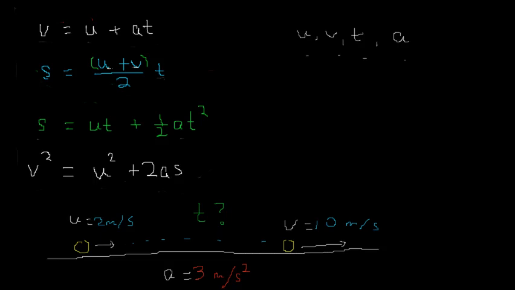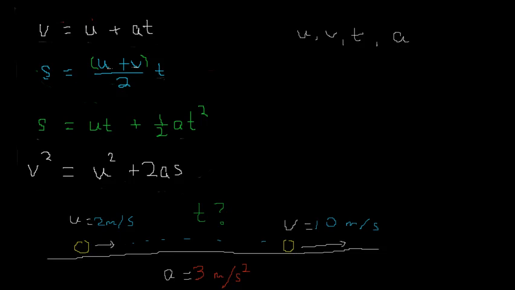We do need to search through them one by one, and with practice you can do it quite quickly and even mentally. In this case, I will just point out straight away what we are looking for: u, v, t, and a. We have all four quantities in this first equation. So that's what we want, which means that we should make use of the first equation.